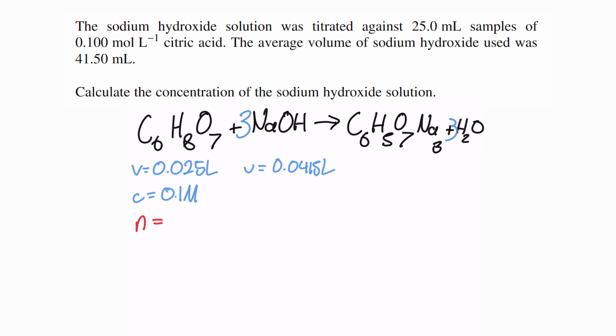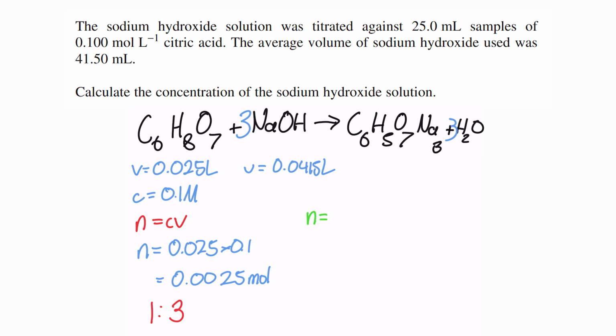Now again, we're going to follow the same steps. So we're going to use our n equals CV formula to find out the number of moles of citric acid, which will be 0.0025 moles. Now, because citric acid and the sodium hydroxide are in a 1:3 ratio, that means that the number of moles of the sodium hydroxide is actually 3 times that of the citric acid.